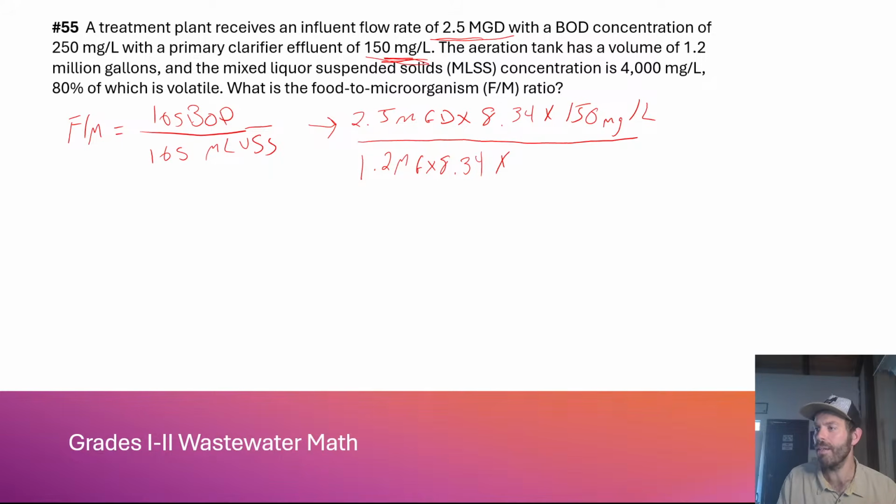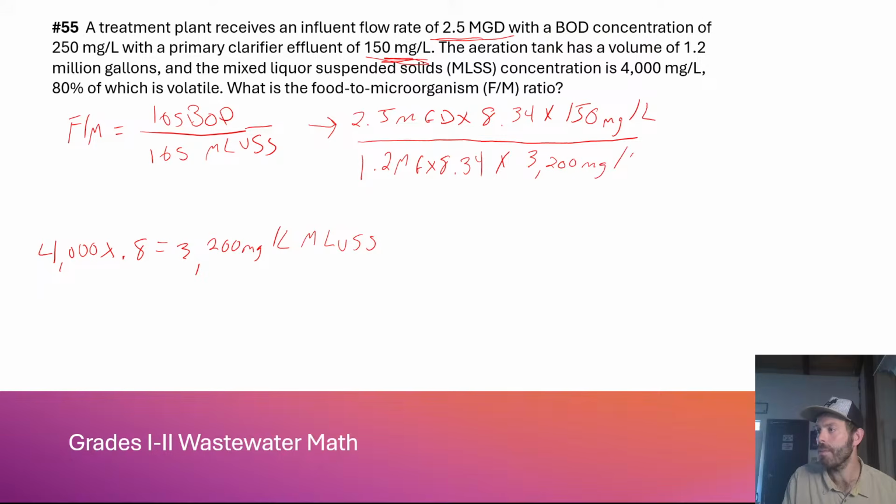So let's go down here. 4,000 times 0.8 gives me 3,200 milligrams per liter. So that MLVSS is what goes right here. 3,200 milligrams per liter. Okay?